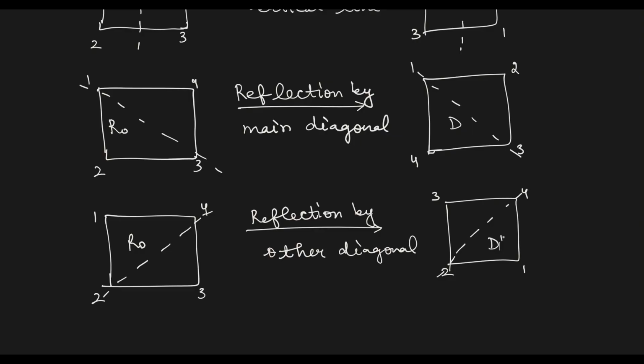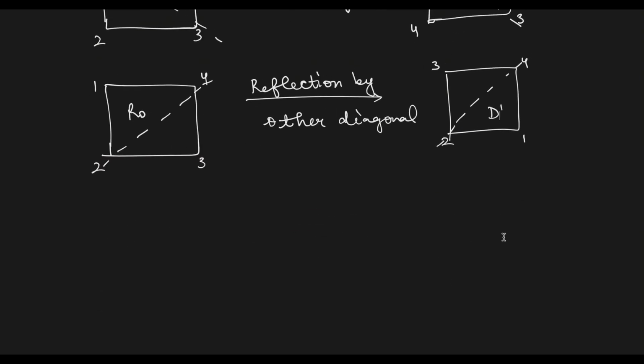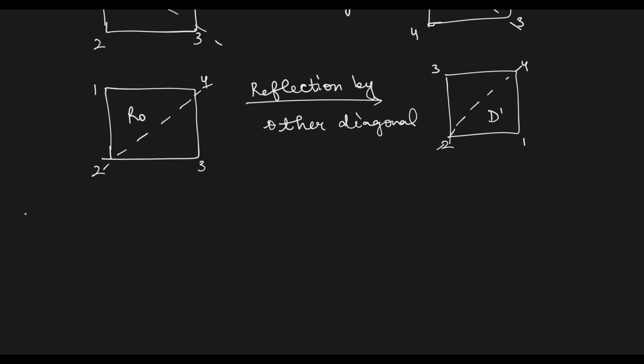D dash. So a square has four reflectional symmetries.